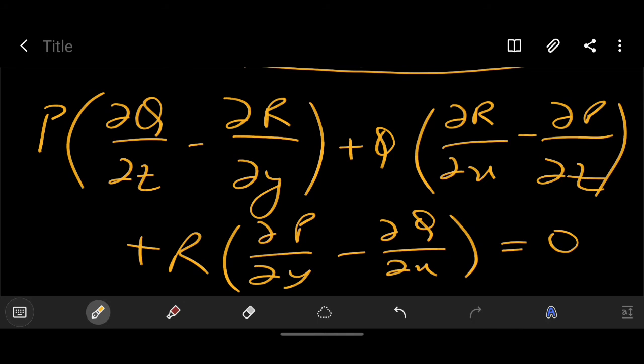So this sum has to be 0. If this is 0, then that means the equation is integrable.